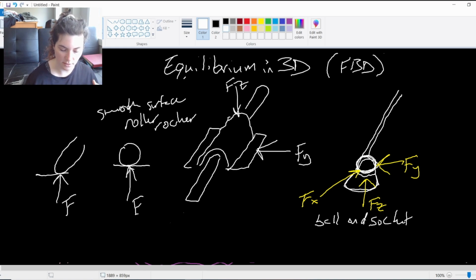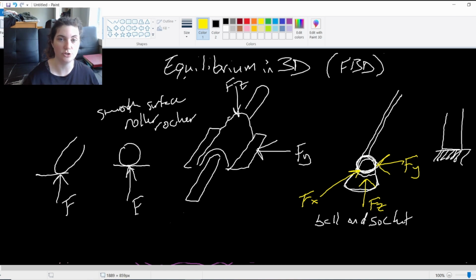And then finally, the most common one you'll also see in here is a fixed support. Just like how we had in 2D when we had a fixed support, it constrained the 2 forces and the moment, so it constrained our 3 equations, right? This is going to constrain all 6 directions of movement.